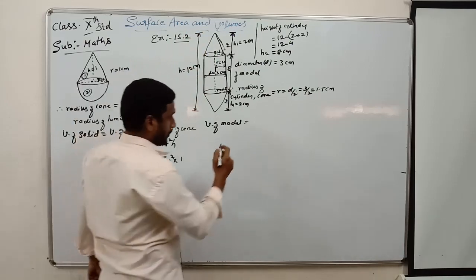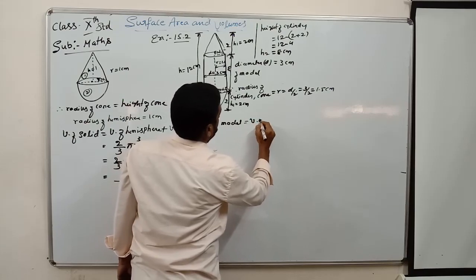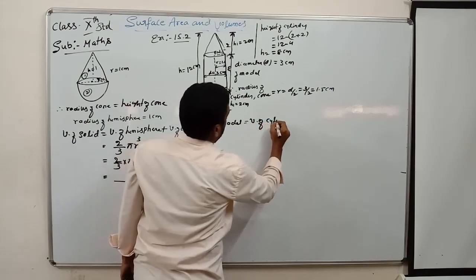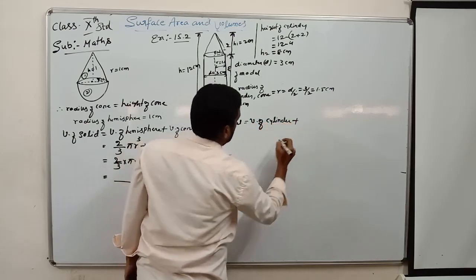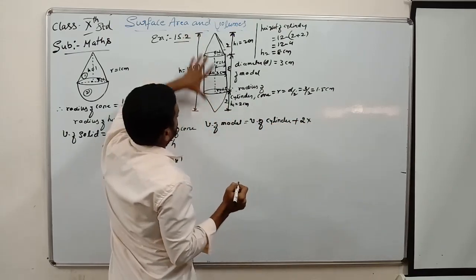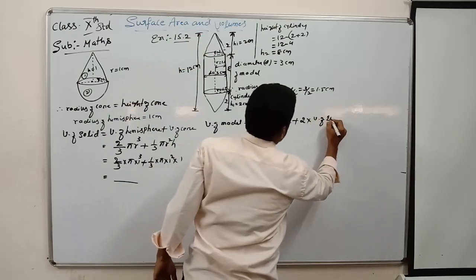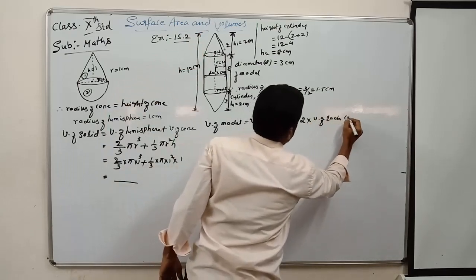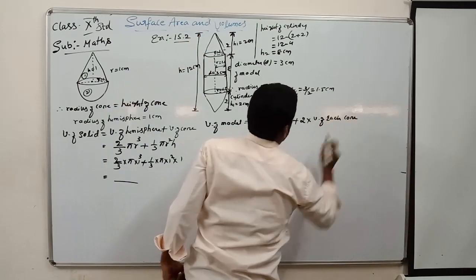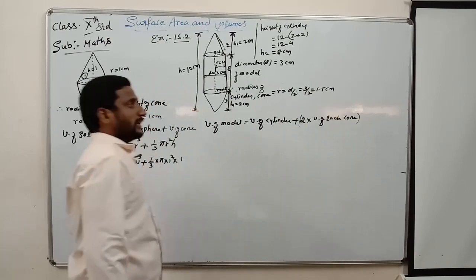So I am writing, look here: volume of the cylinder plus 2 into the volume of each cone, because this cone and this cone, 2 cones are there, no?